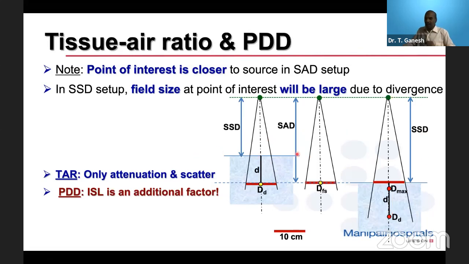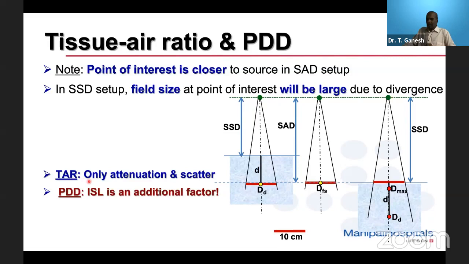Now, this geometry tells us one more thing, very, very important, that you have to always keep in mind. When it is TAR, or tissue air ratio, there is only attenuation and scatter. See here, this point doesn't have any scatter, whereas this point has got scatter, and it has got attenuation due to this intervening thickness.